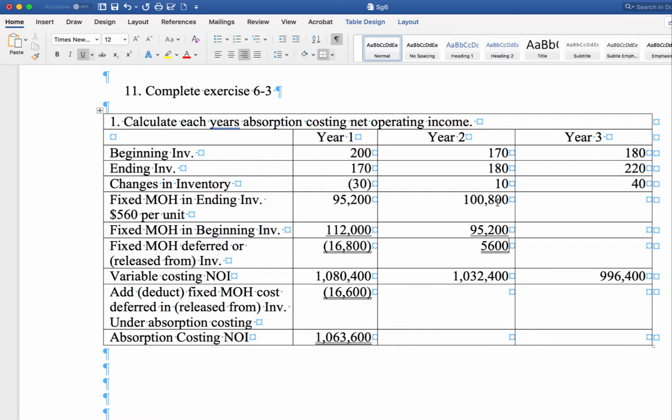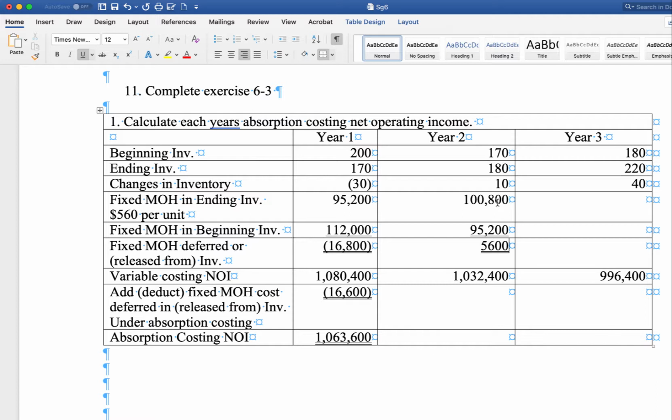Why? Our ending inventory is going up. That means there's basically $5,600 of fixed manufacturing overhead sitting on the balance sheet. It's going to stay there until we sell those units, then it goes to the net income. Okay? So, because fixed manufacturing is deferred to inventory, what does that do?